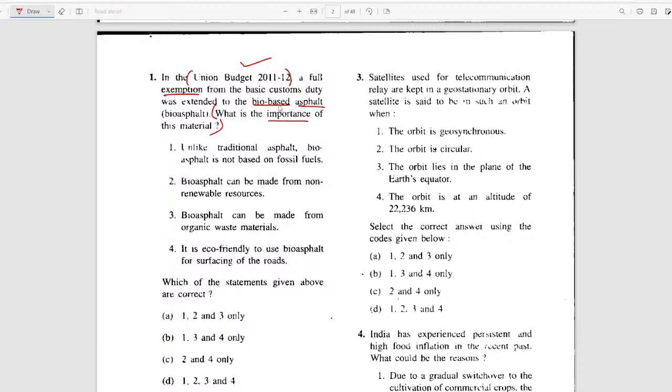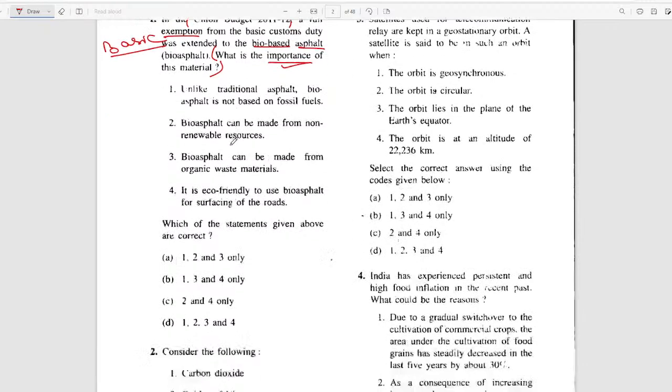Any new material, anything that is bio-based, for example, if from non-renewable they are using renewable sources, you have to read about that. And you not only have to read the basics of it, you also have to read what the importance of that material is. So here it is about bio-based asphalt.